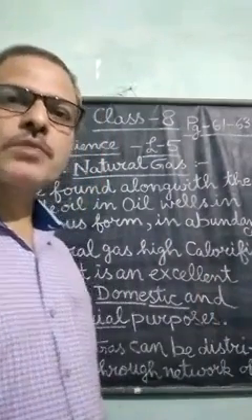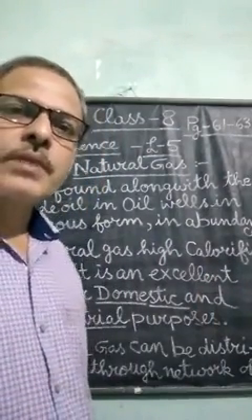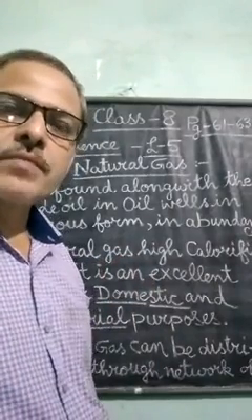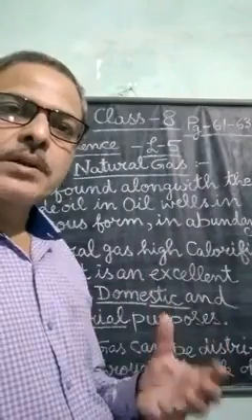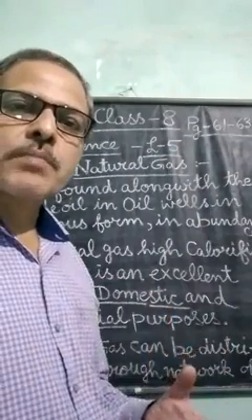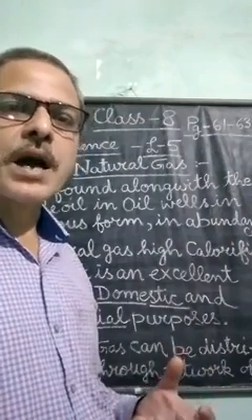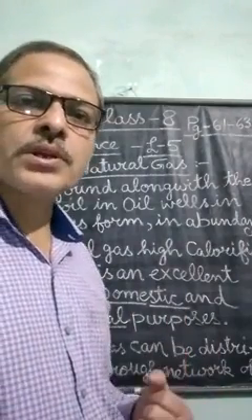So this is how you will define the term calorific value. Since natural gas has very high calorific value, it means that when it undergoes combustion or burning, it releases a very large amount of heat energy.